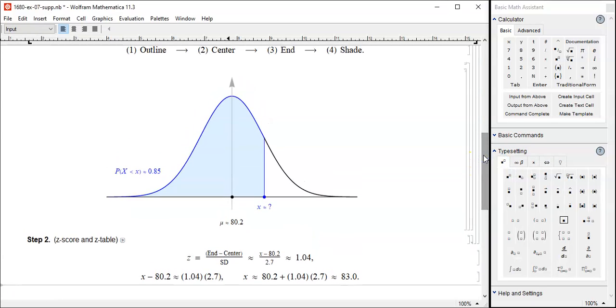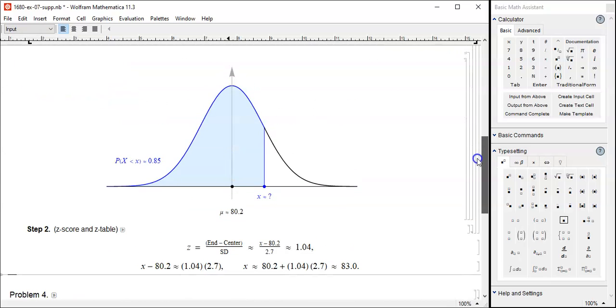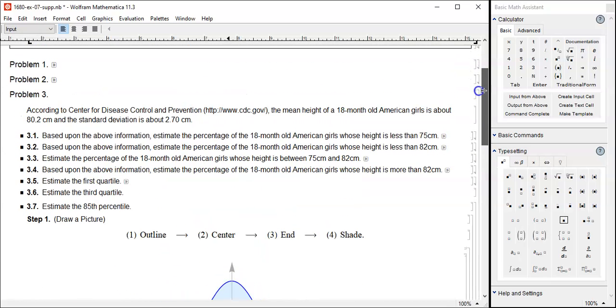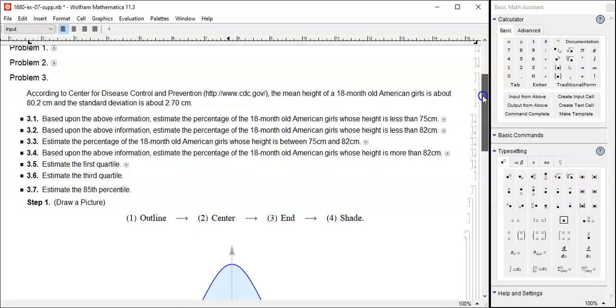And what does it say? The 85th percentile is about 83 centimeters. That's for 18-month-old girls in the United States.